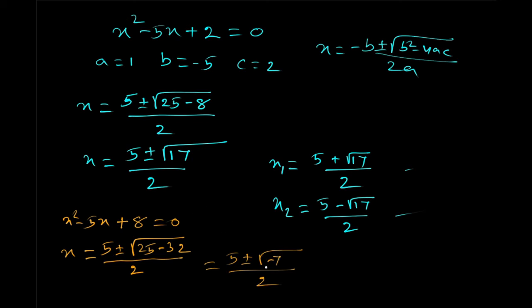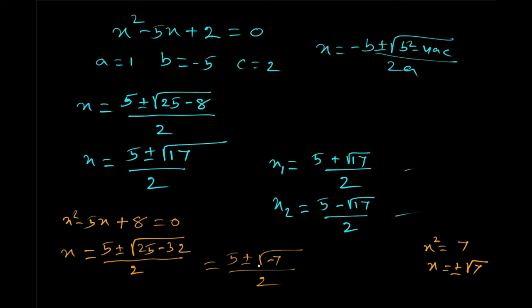You can see that root over minus 7 is not possible to find. Suppose square of x is equal to 7, in that case you can find x is equal to plus and minus root 7.